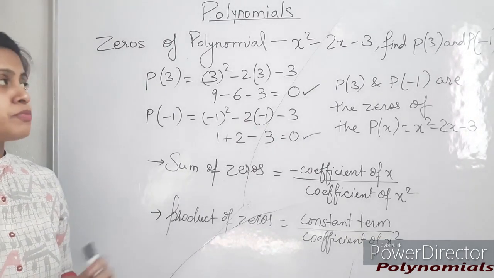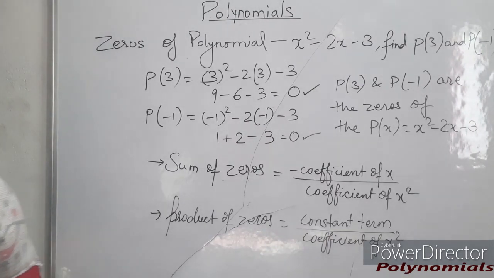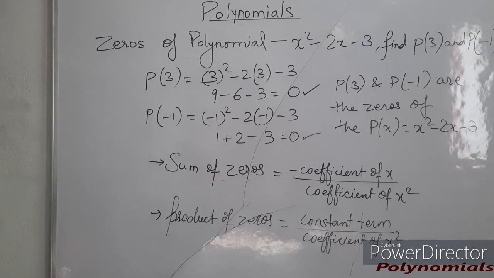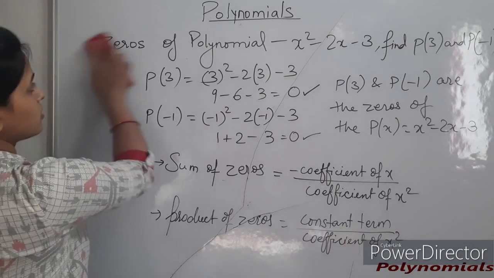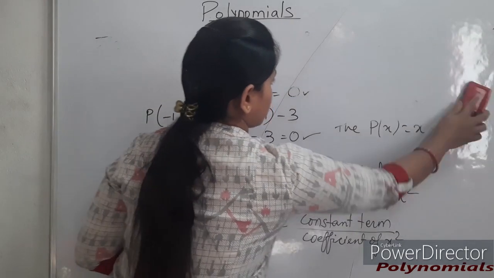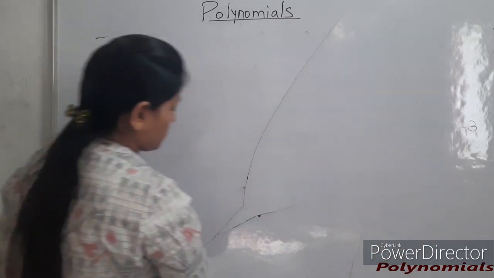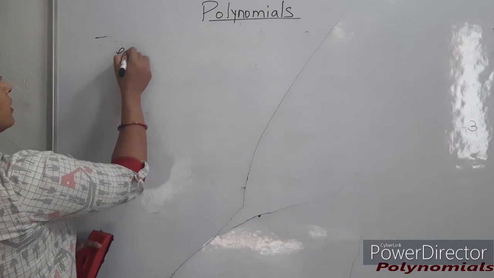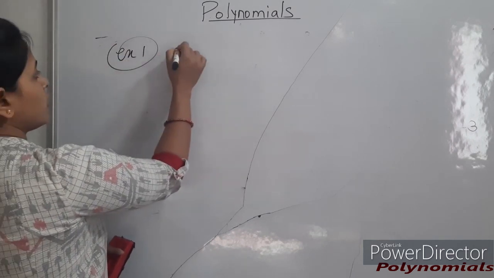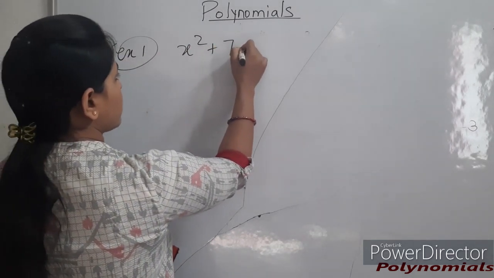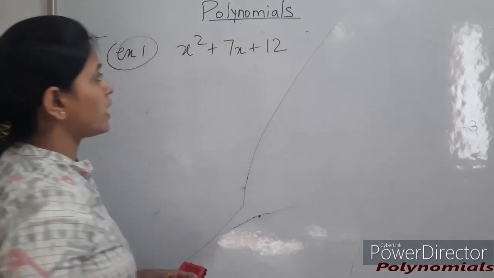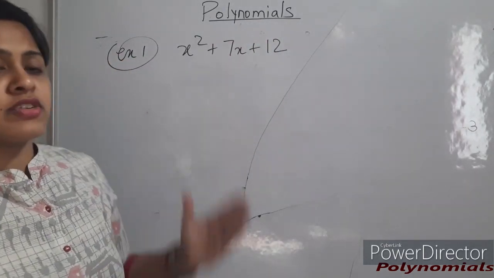So let's proceed with one of the very common examples. Example 1: x square plus 7x plus 12. Here I have written an equation.